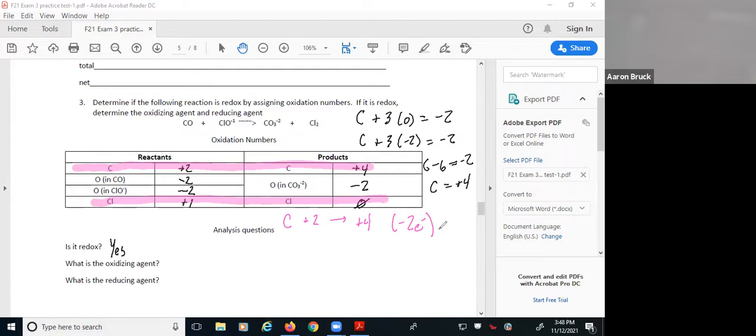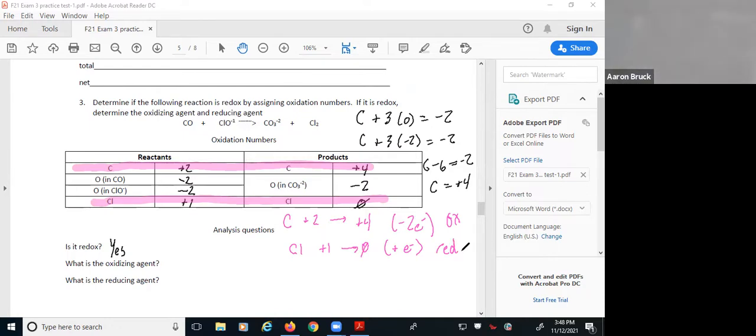It's oxidation. Loss of electrons is oxidation. So this is an oxidation process. On the other hand, the chlorine went from +1 to 0. To do that, you have to gain an electron. The gain of electrons is reduction.